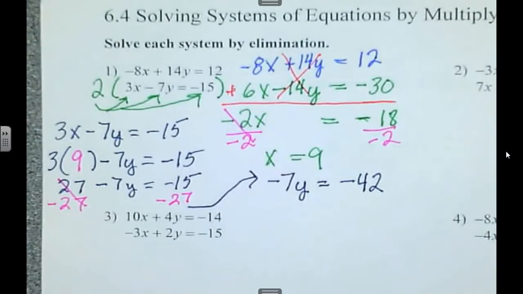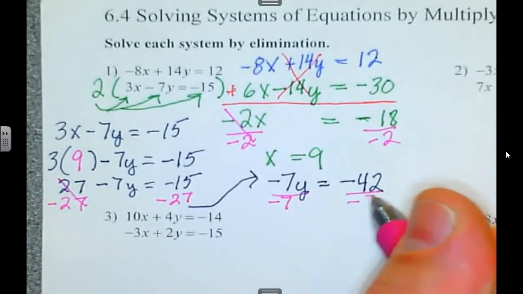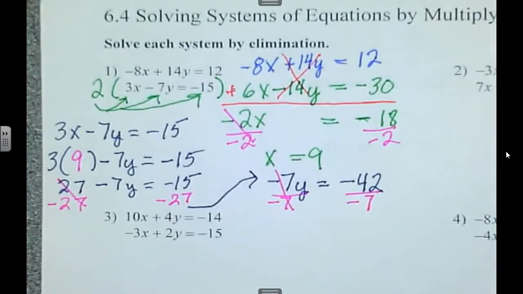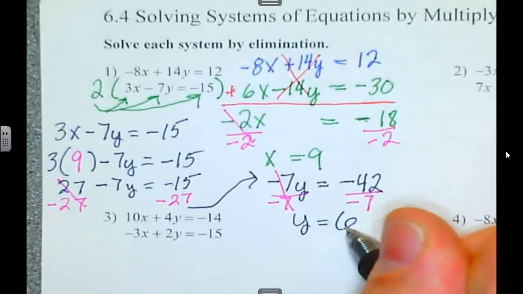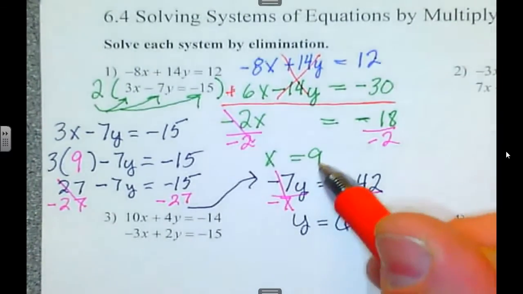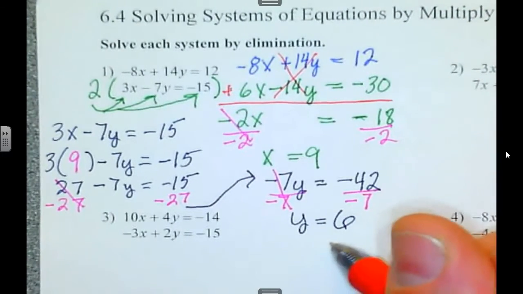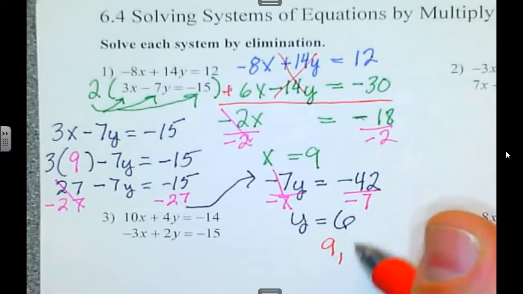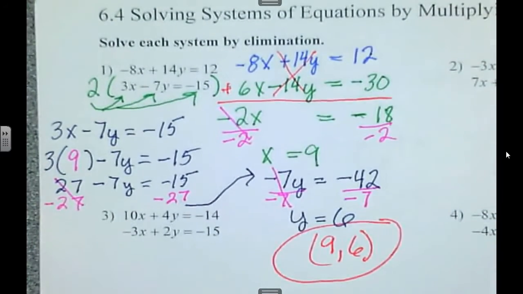Divide both sides by the coefficient, negative 7, and y is going to equal positive 6. So my answer here, my x is 9, my y is 6. That's the intersection of those two lines.